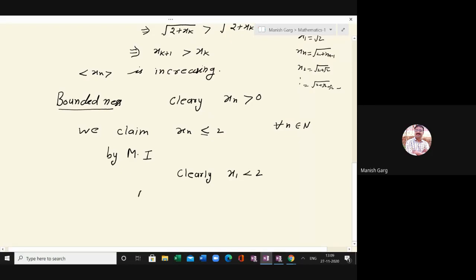Now suppose the result is true for n equal to k. If this is true, then xk is less than or equal to 2.